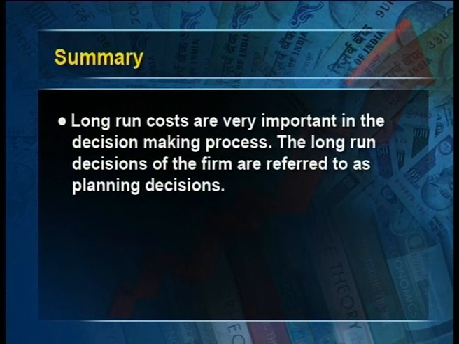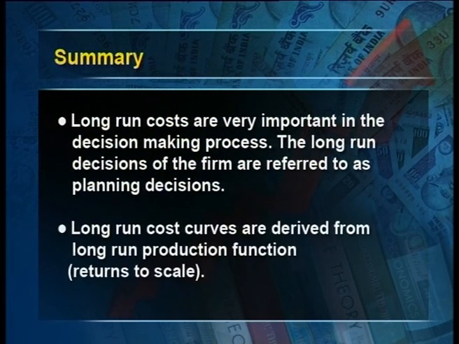Long run costs are very important in the decision making process. The long run decisions of the firm are referred to as planning decisions. Long run cost curves are derived from the long run production function, that is, returns to scale.